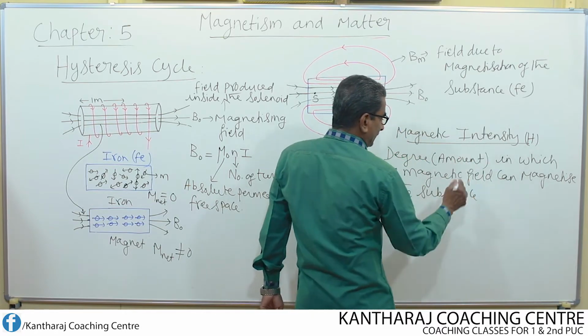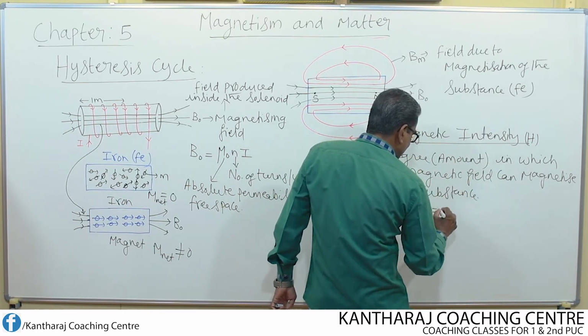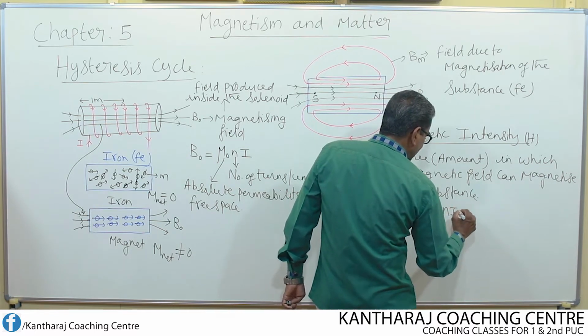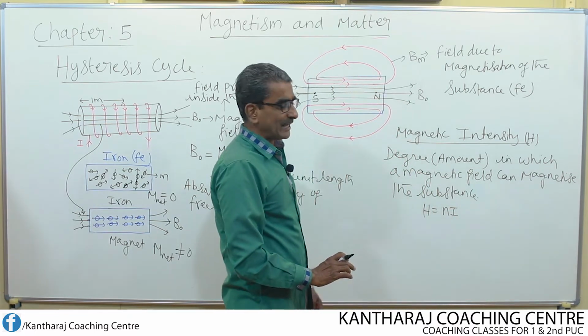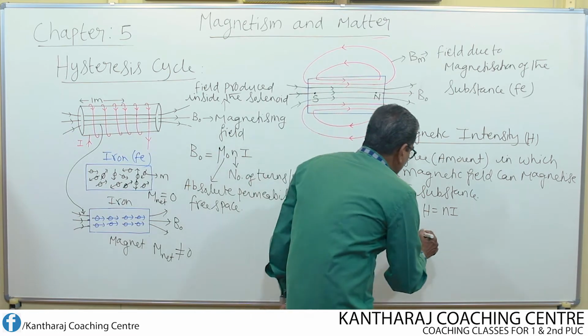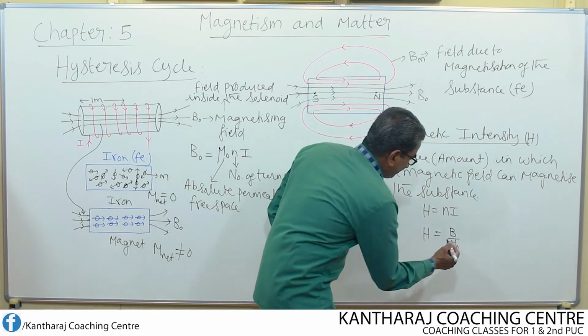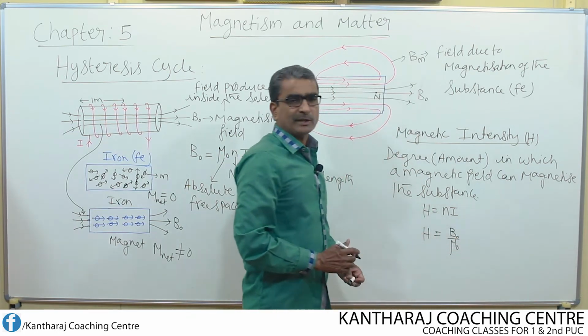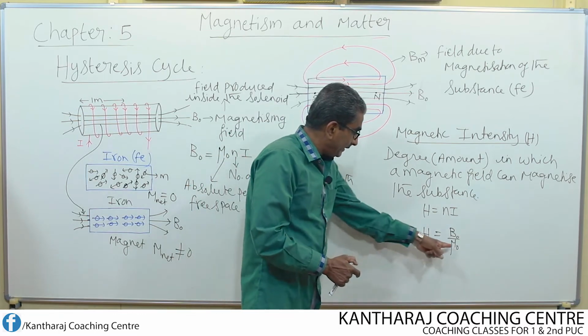And mathematically it is given by H equal to N into I, or it is also given by H equal to B naught divided by mu naught.